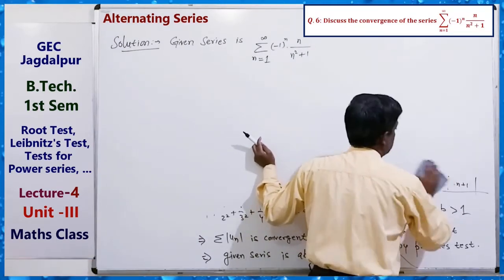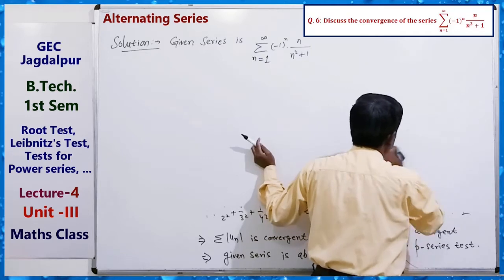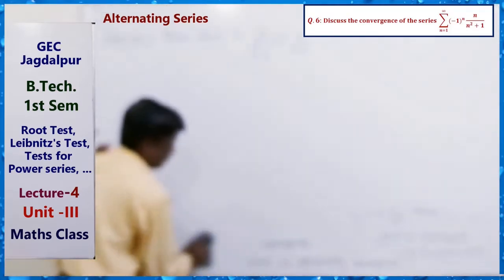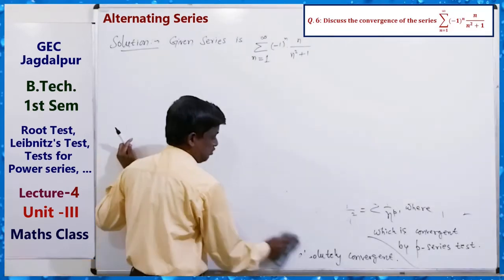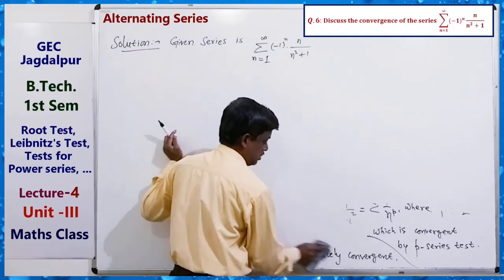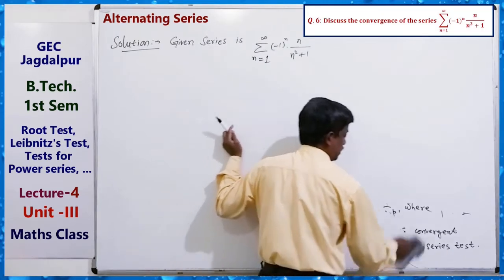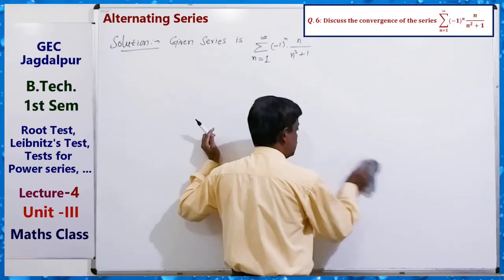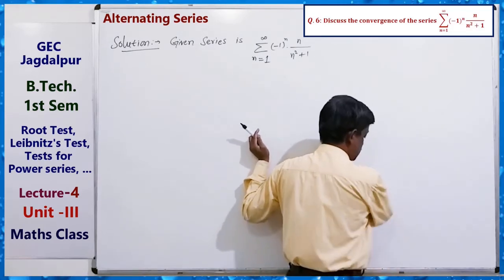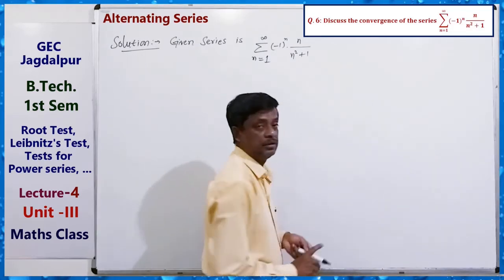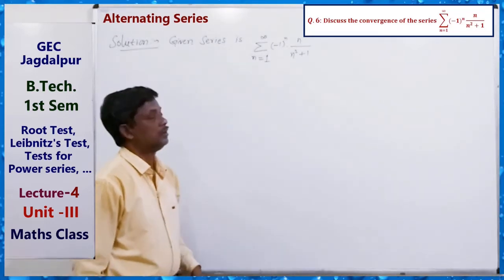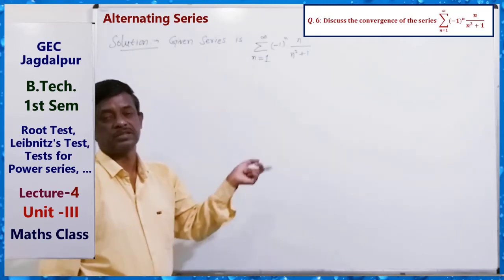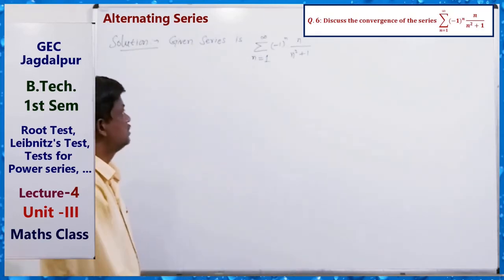Here only n is involved, and minus 1 to the power n is there. That means we can say it is an alternating series, because if we put n equal to 1 we get a minus sign, and n equal to 2 a plus sign: minus, plus, minus, plus.